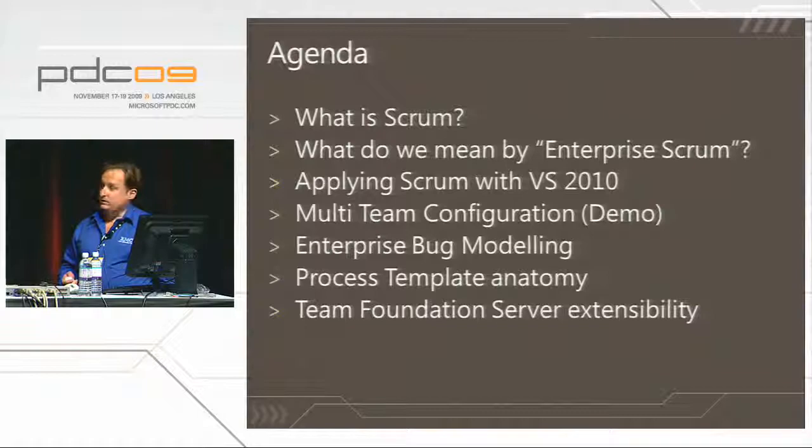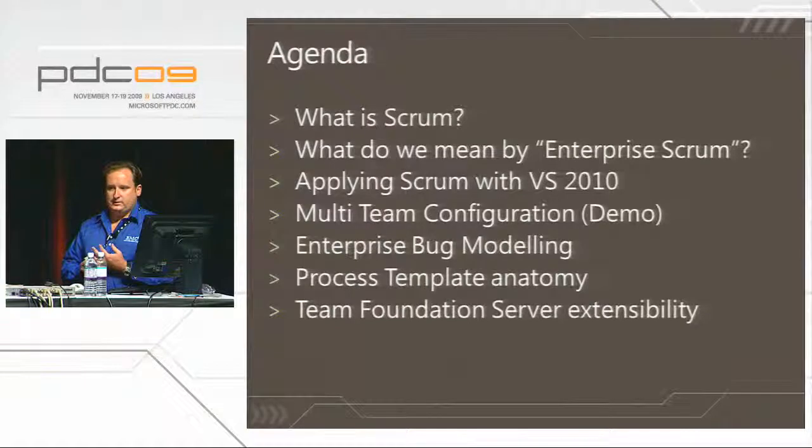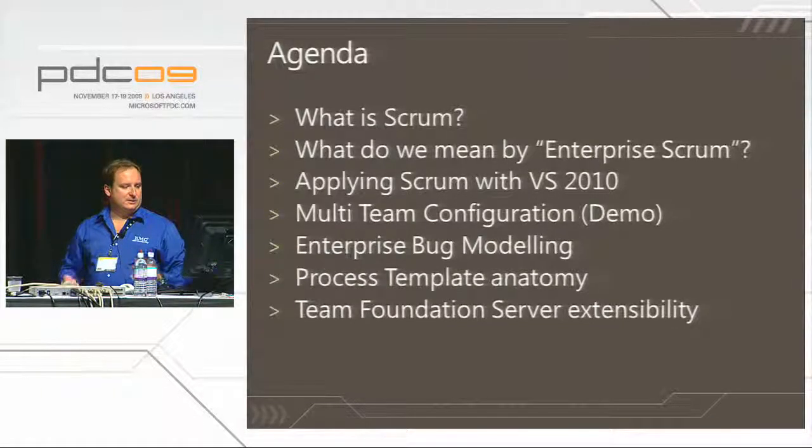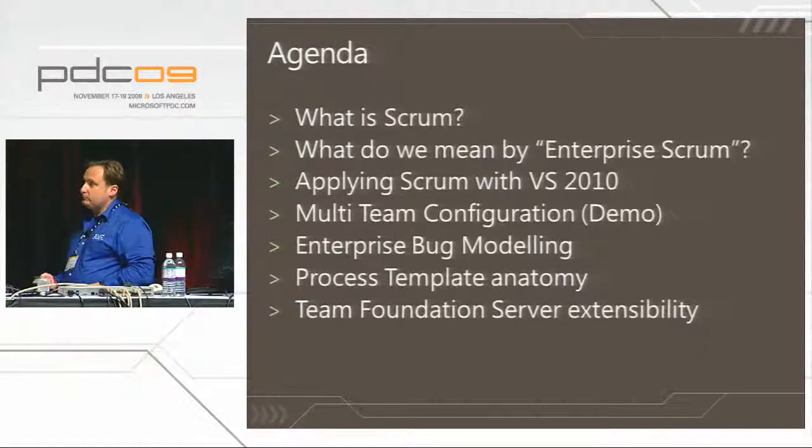I'm going to show you a demo of some of the tools we produced to make it easier to work with enterprise Scrum. We can talk a little about enterprise bug modeling, what we've done with bug modeling in 2010 so that it also integrates with Test and Lab Manager. Then my ex-colleague Stuart Preston is going to come up and talk about the process template anatomy, how we've done some of the extensibility, and how you can extend the process templates yourself.